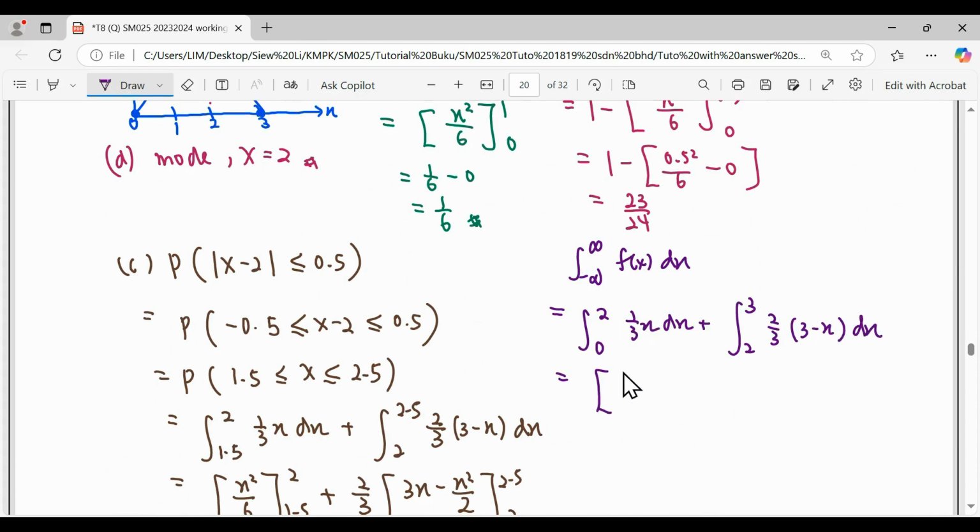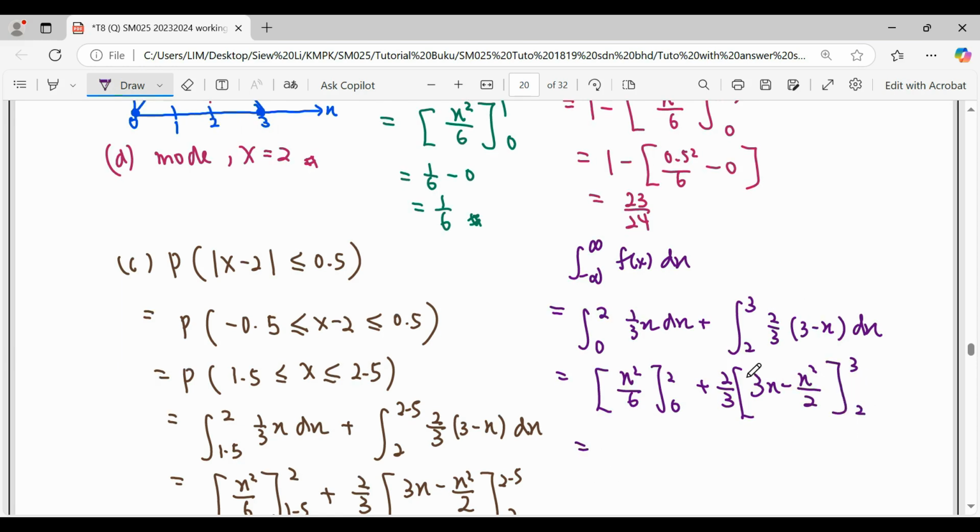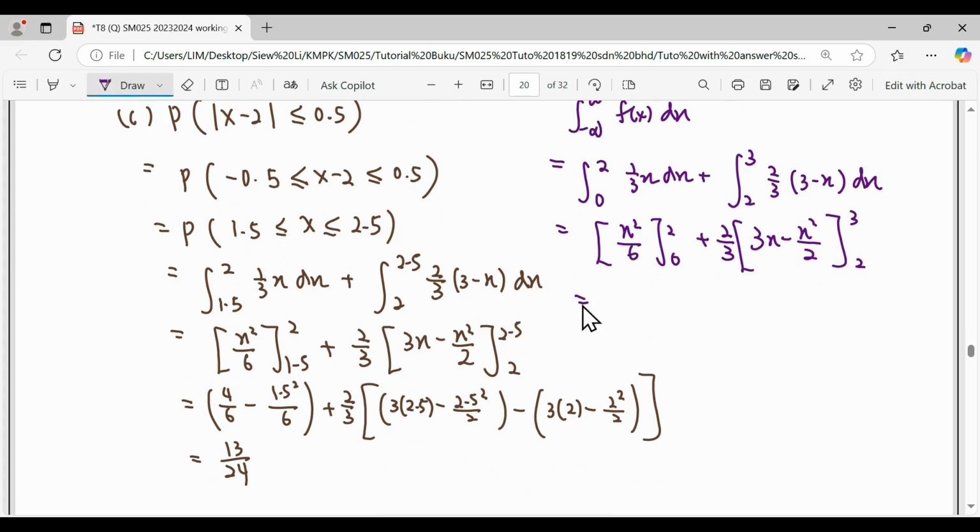So we integrate this: power plus 1 over the new power, substitute the upper limit minus the lower limit. Same here, the coefficient we factorize out. So 3 integrates to 3x, and x we integrate by power plus 1 over the new power. The next step is we substitute the upper limit minus the lower limit.